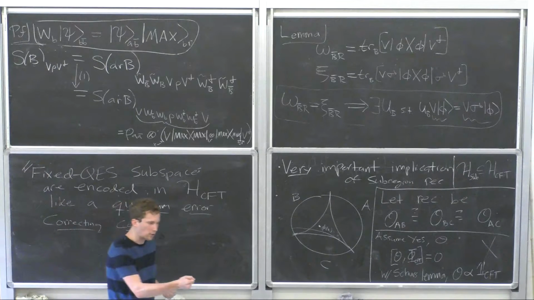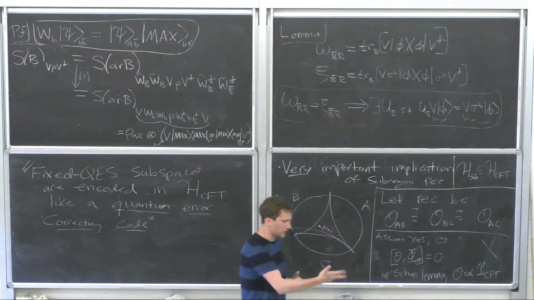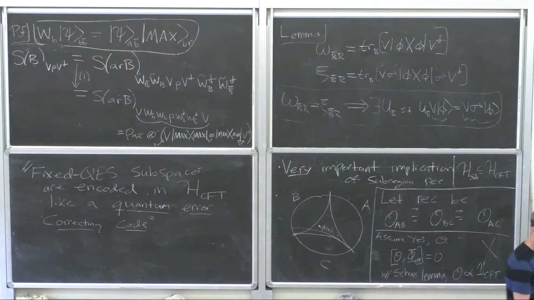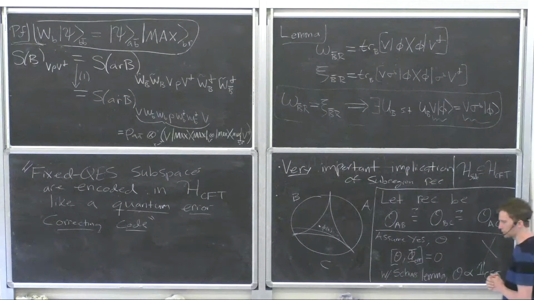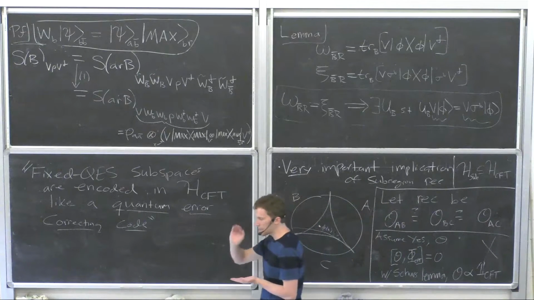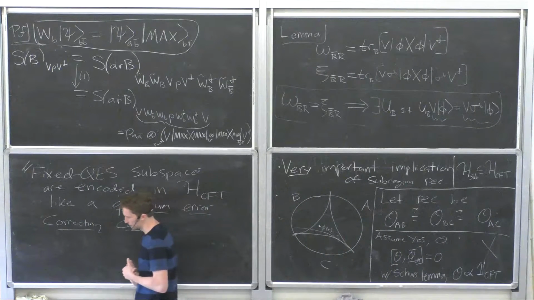So if you want a black hole, as Brian explained a lecture or two ago, you can think of those as having pretty large Hilbert spaces, of dimension e to the A over 4G, where A is their horizon area.